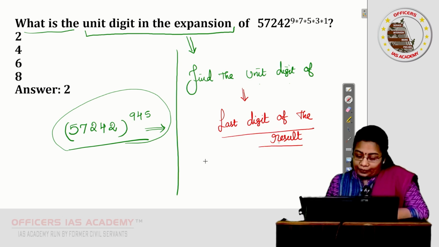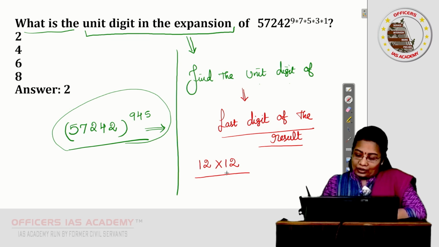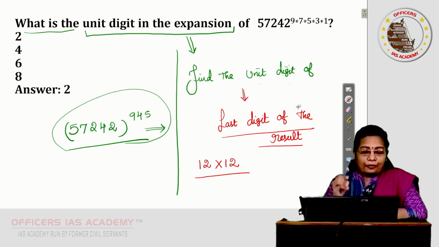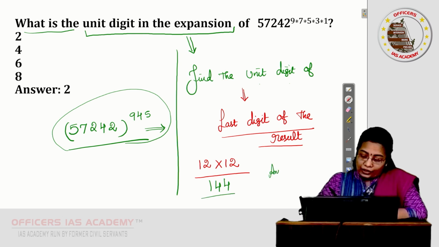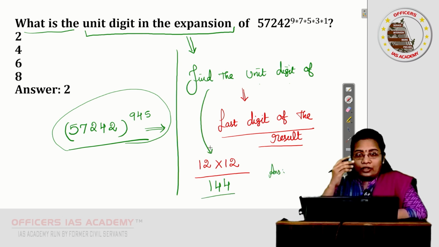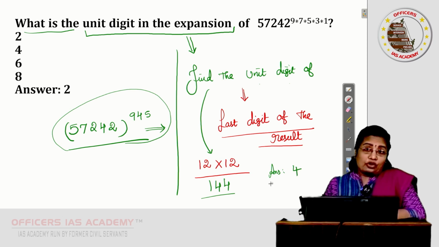For example, if 12 into 12 is given to you, find the unit digit of the result. What will you do? First find the product. 12 into 12 is 144, and the question is to find the unit digit. So, what is the answer? 4 must be your answer, not 144.